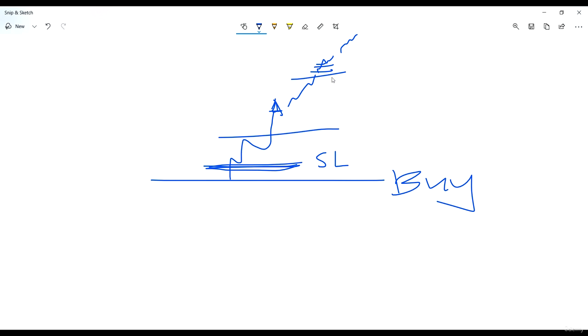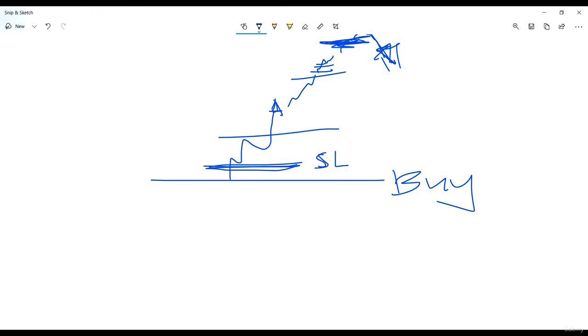If the market then starts coming against you, the trailing stop won't get modified. It's going to just stay there, and if the market goes below it, you are then taken out in profit. So that's how the trailing stop works.